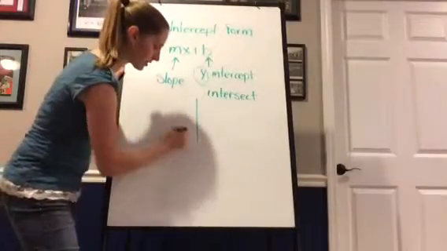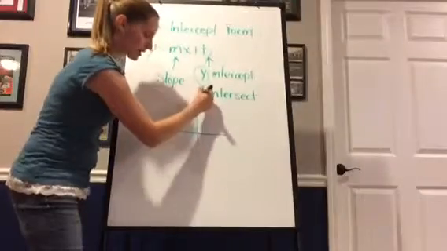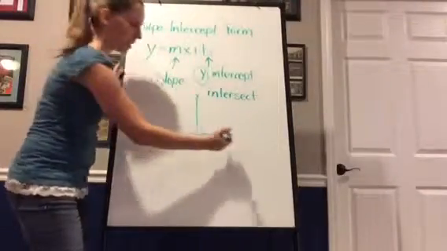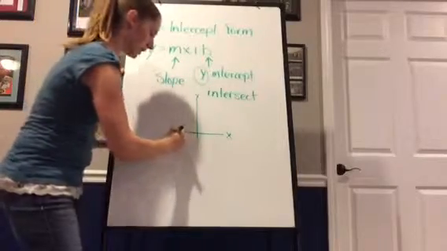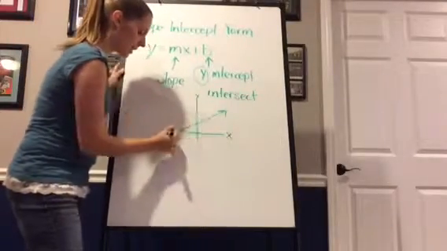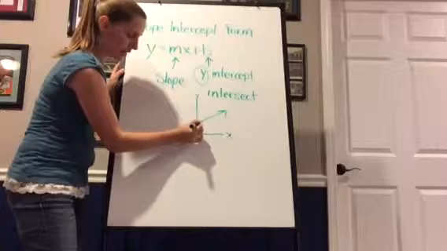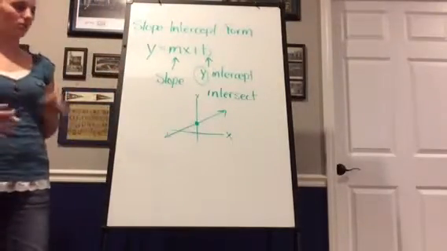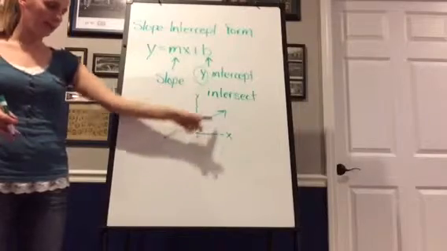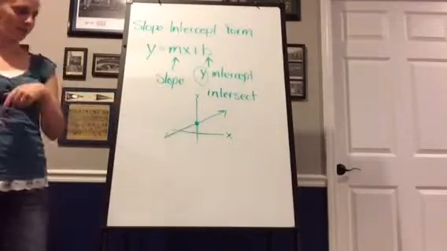And remember, when we have our graphs, the y-axis is the vertical, the x is the horizontal. Okay, so when we're talking about a line, like if I graphed a line right here, the y-intercept would be this point. That's where it hits the y-axis, so that's the y-intercept, where the y-axis and our line intersect.